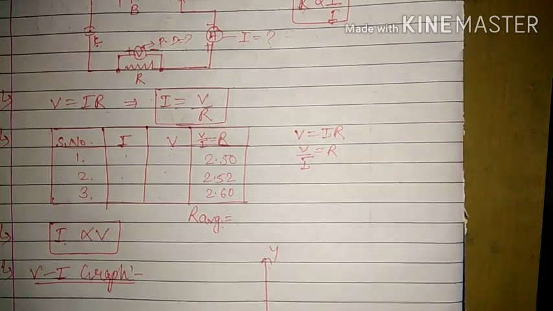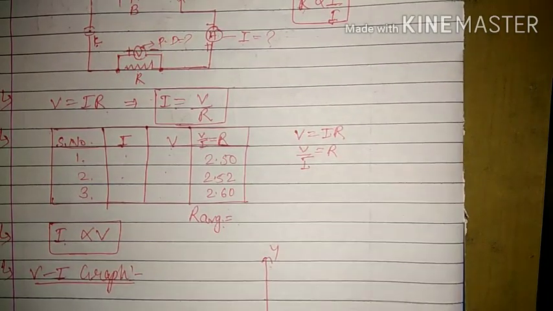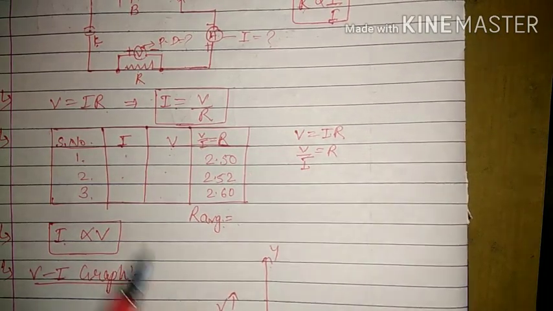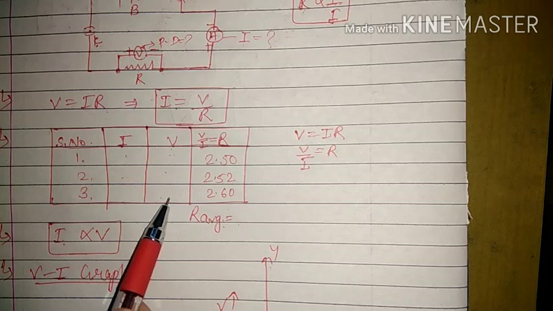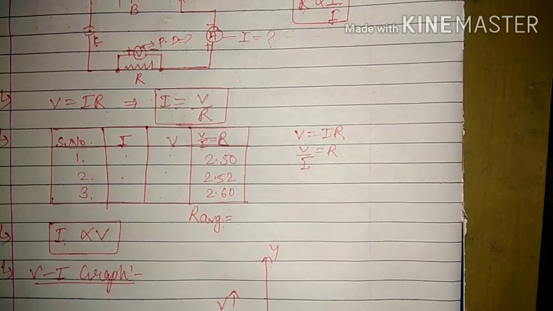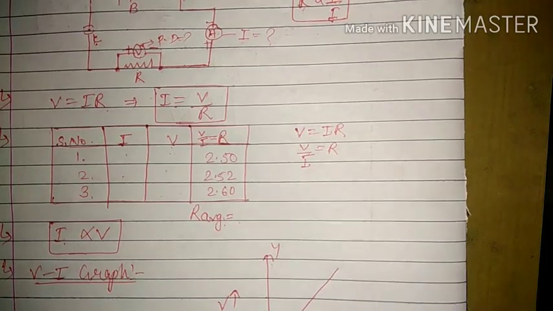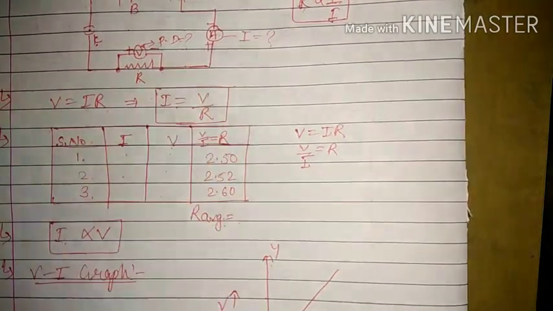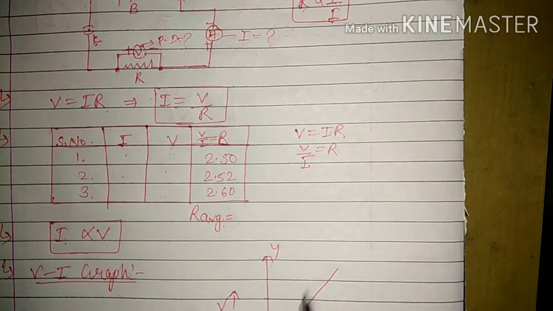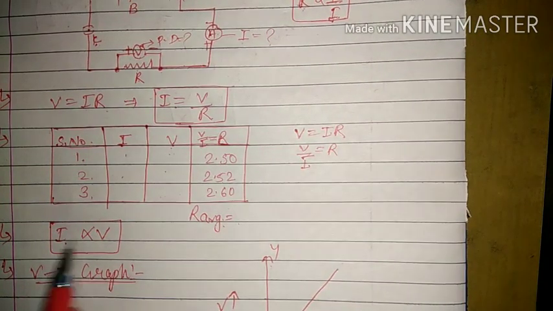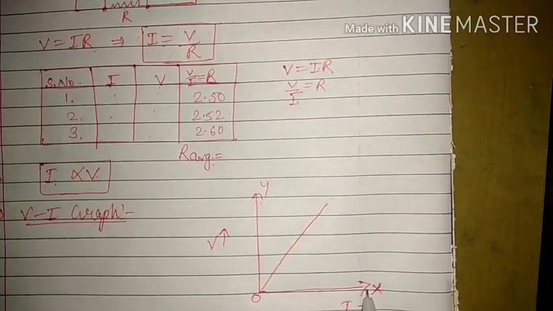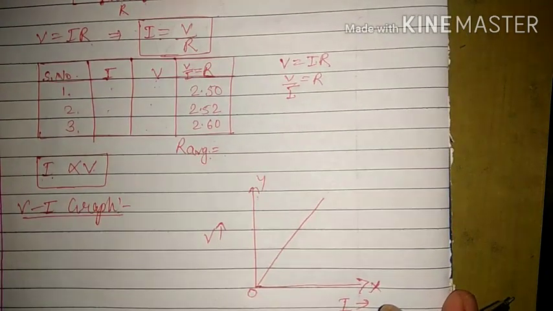Here we are taking current I and here we are taking voltage. When we plot these values, we will observe that the graph comes to be a straight line passing through the origin, because we have adjusted the minimum value of I. When two quantities are directly proportional to each other, the graph obtained is a straight line. This we have studied in class 9th.